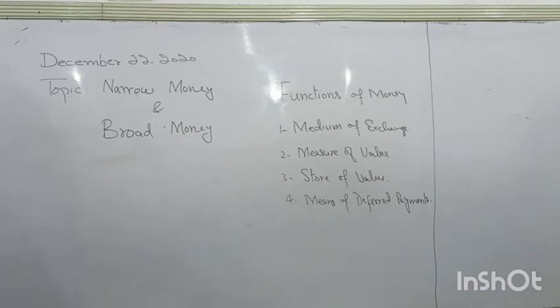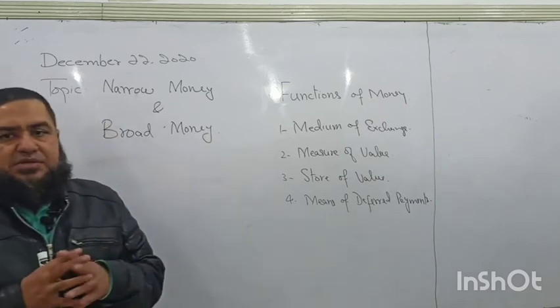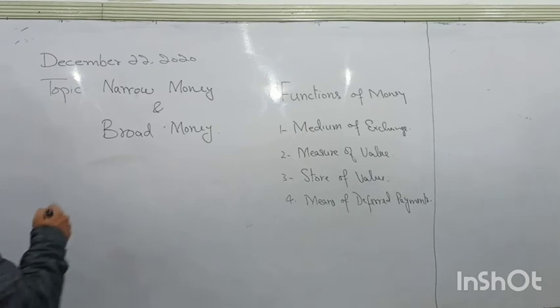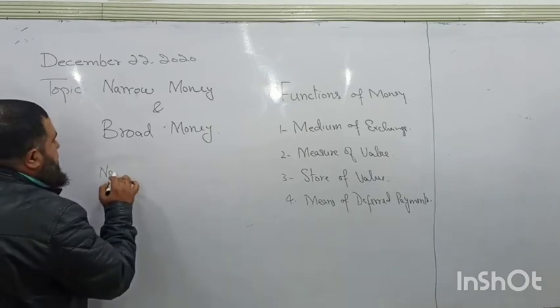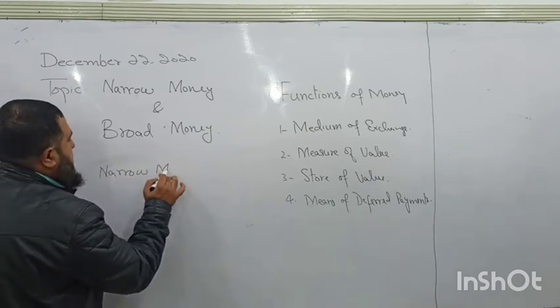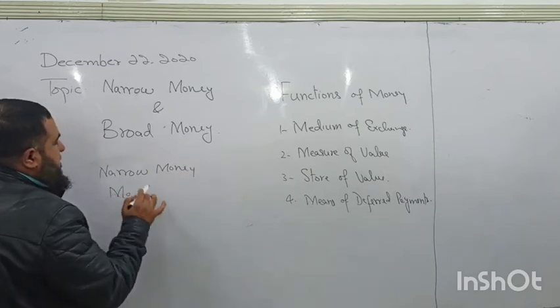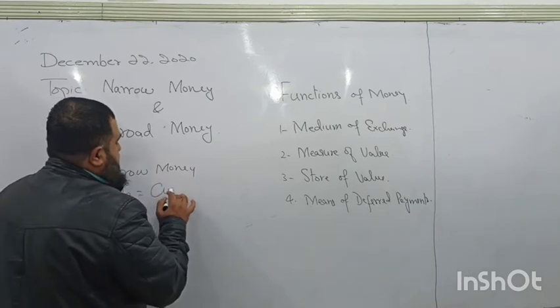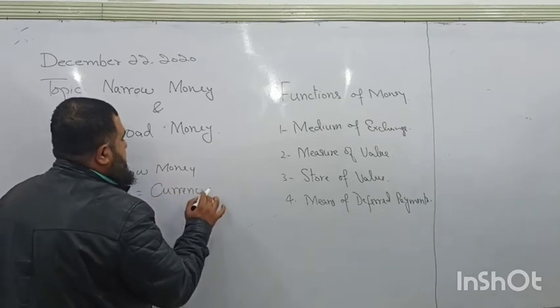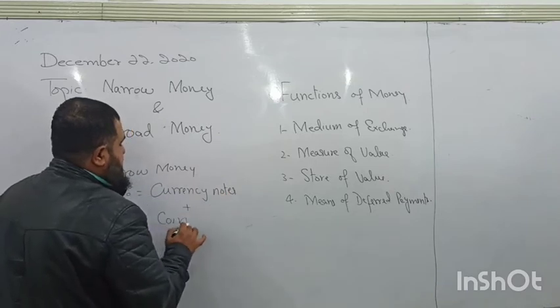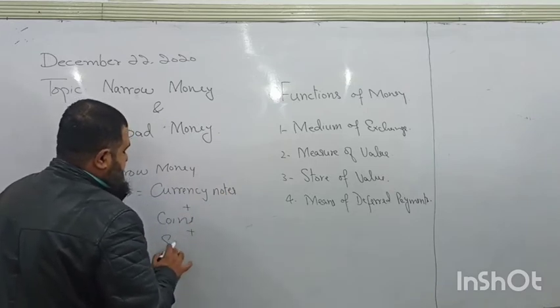When we talk about narrow money, narrow money is going to perform the function of medium of exchange only. And narrow money includes what? Narrow money, we denote it by M0, that is currency notes in circulation plus coins plus sight deposits.